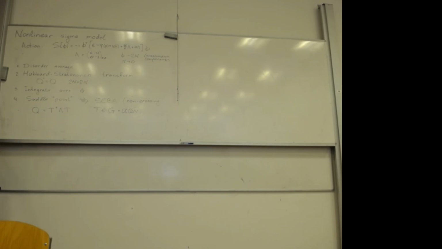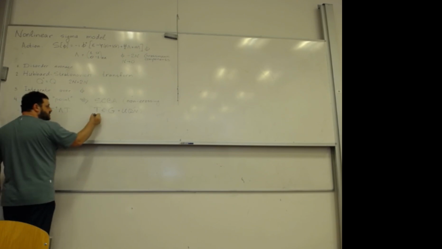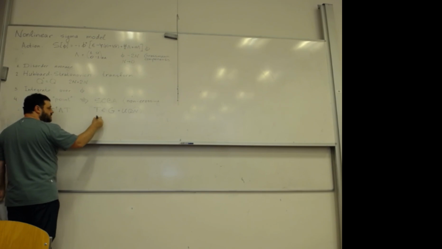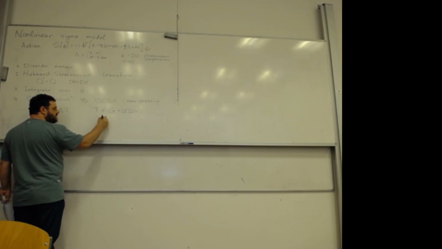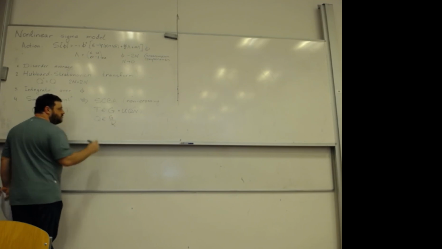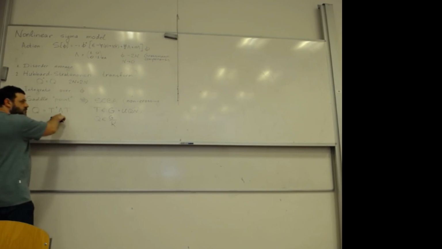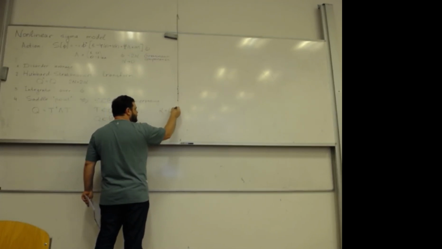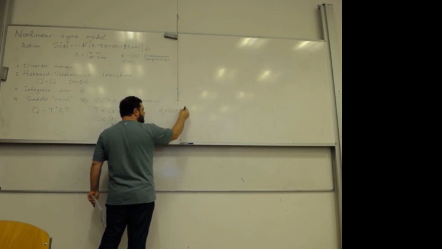You can have different matrices T, they all produce the same matrix Q, so matrix Q actually belongs to what is called a coset space. This group G should be divided by the group A of matrices that commute with lambda. A is the group of matrices that commute with lambda, block diagonal matrices, n times n.